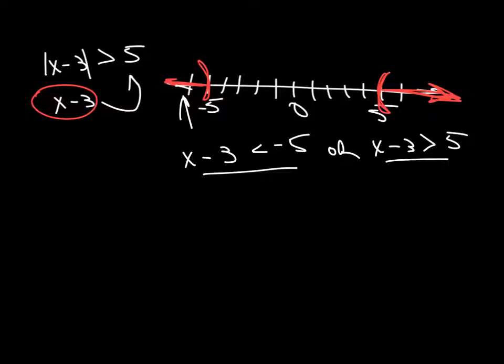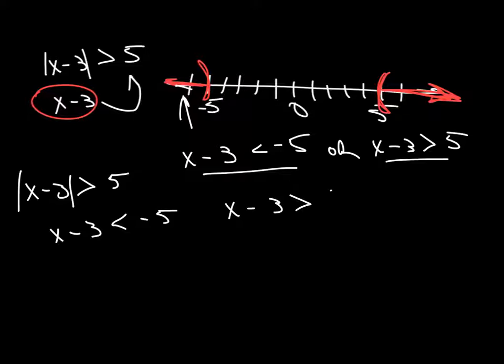So when you get something like this, and there's a greater sign, you rewrite this into two inequalities by taking the absolute value sign off. I'm sorry, I'm a little confused here today. x minus 3 is less than negative 5, x minus 3 is greater than 5.